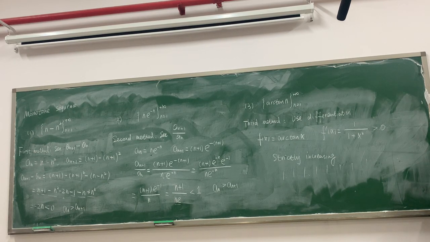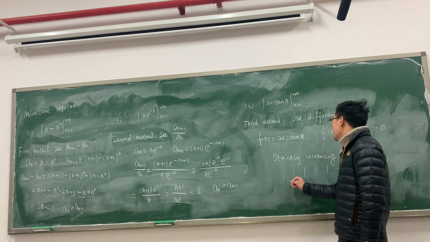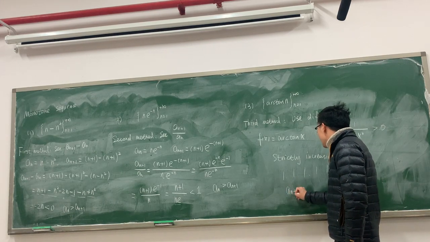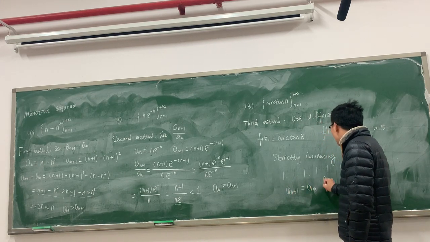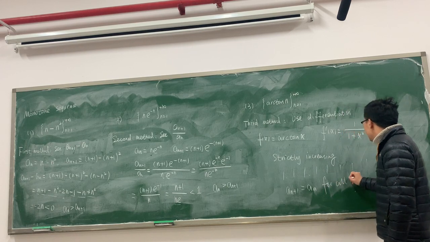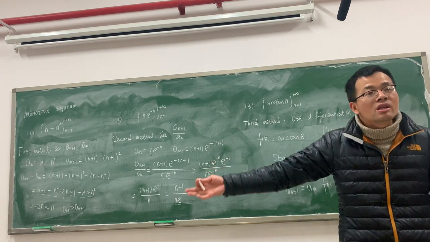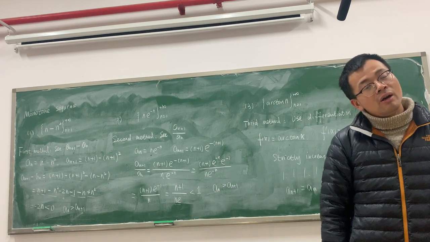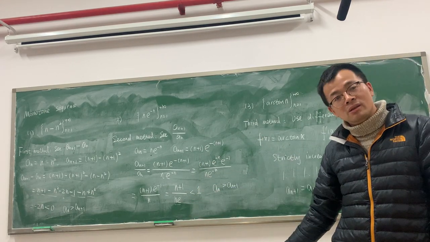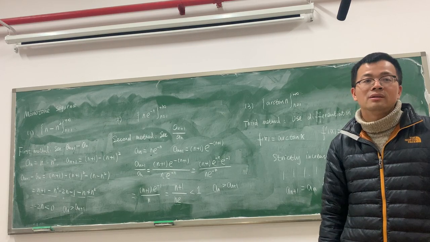It's a constant, so it's neither strictly increasing nor strictly decreasing. Actually here we have a_{n+1} equal to a_n for all n. So you can see this is increasing.